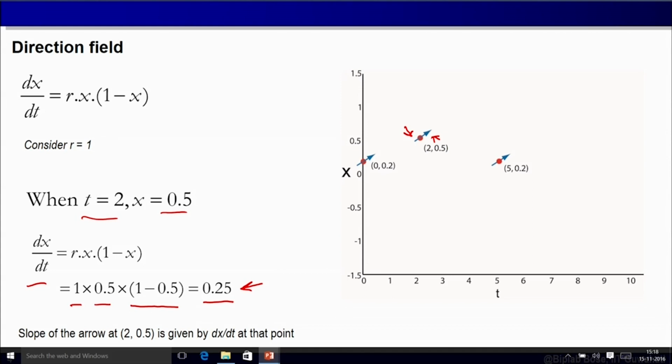So what have I done? I have a t versus x space in which I have taken some points, and at those points I have calculated dx/dt, the slope as per the ODE. Once I have calculated the slopes, I have drawn arrows with the appropriate arrowhead on those points, having the appropriate slopes as calculated from the derivative.